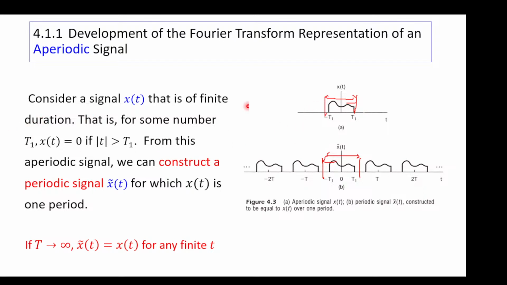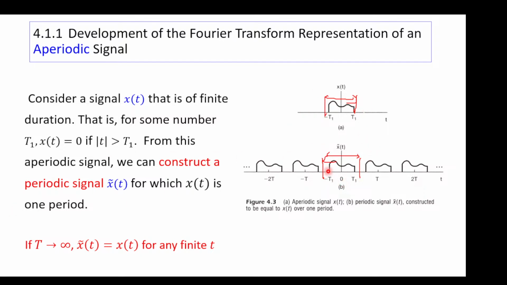Not quite every signal, but a very general class of signal, is an aperiodic signal that has some finite duration, from minus T1 to T1. Then we try to represent it as a linear combination of complex exponentials. We don't quite know how to do that, so we start with the Fourier series.